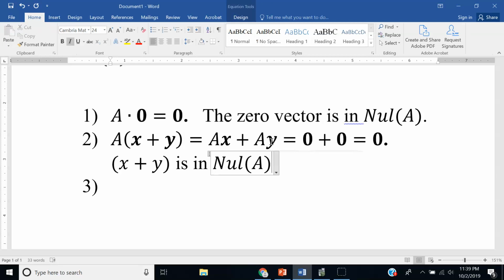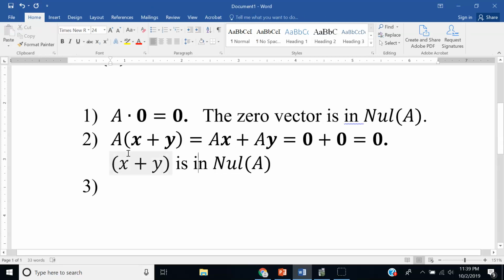All right? Therefore, we are closed under addition. Remember, closed under addition means that if you add two vectors, that sum also has to be in the null space, or in our set in general.